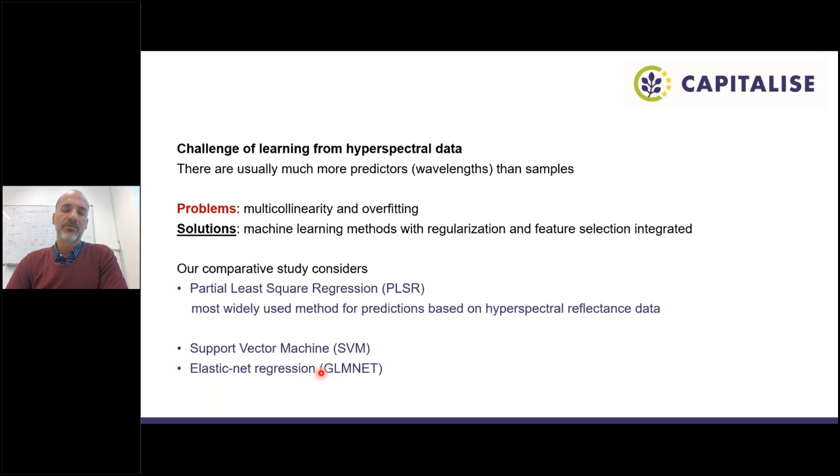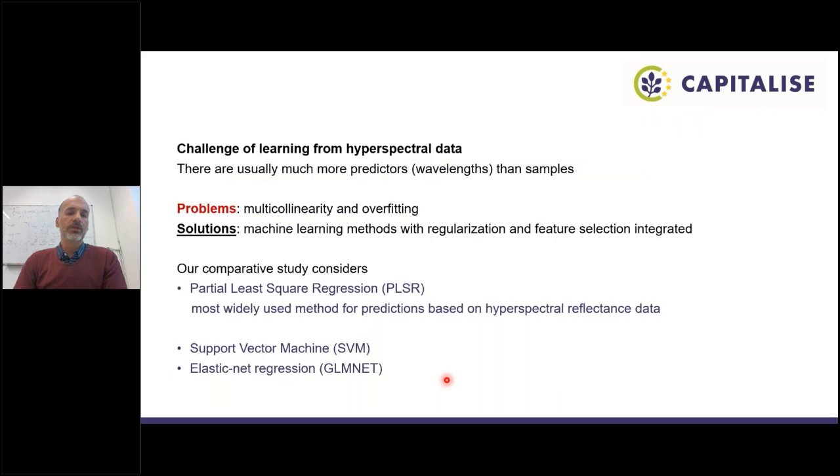Elastic net regression, like partial least square regression, is a linear model, where support vector machine, by way of using radial kernel, allows for capturing nonlinearities as well, and allows us to also address questions about whether nonlinearity helps with the predictability or increasing the accuracy of prediction for the traits that we modeled.